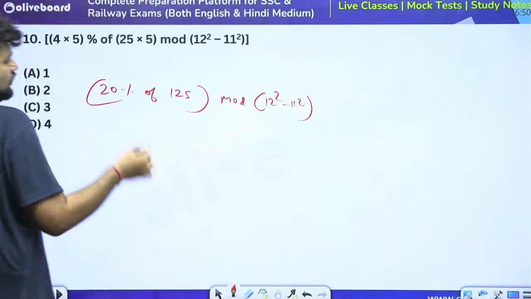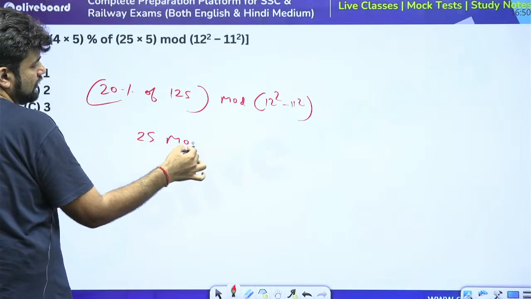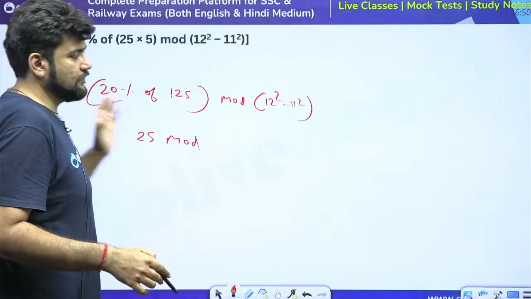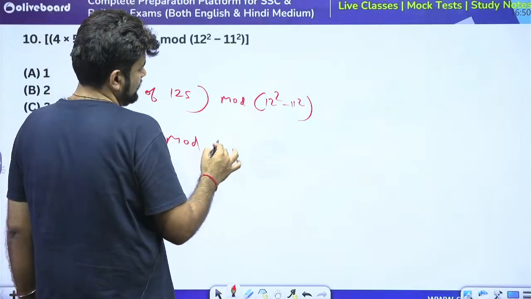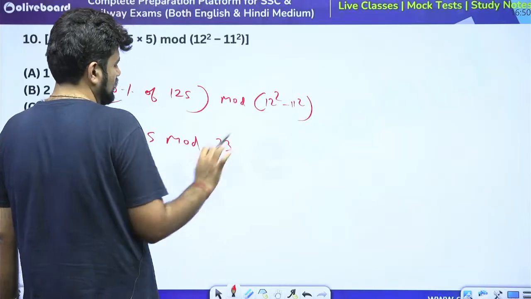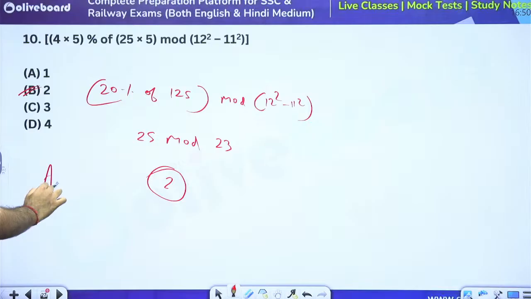Okay. 20% is 1 by 5. 1 by 5 into 125 is 25. 25 mod. Now 12 square minus 11 square is 12 plus 11 into 12 minus 11. So 12 plus 11 is 23. 12 minus 11 is 1 only. 25 mod 23 is how much? 2. These are right answers.